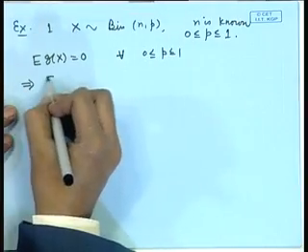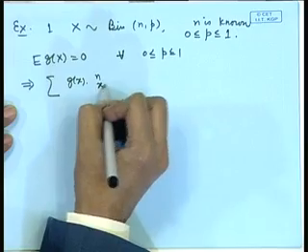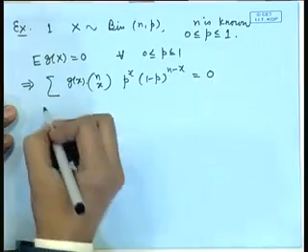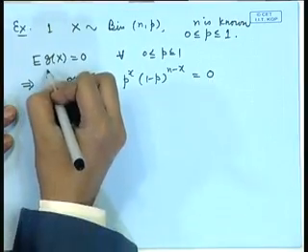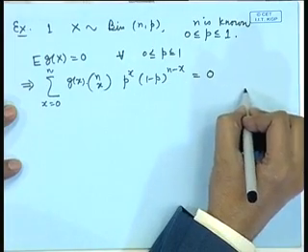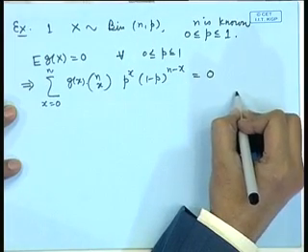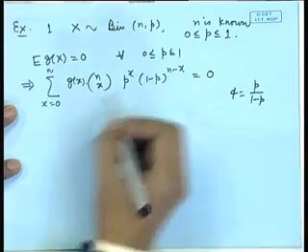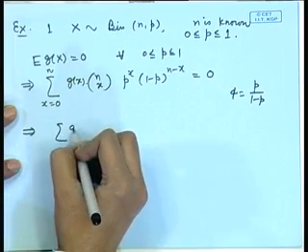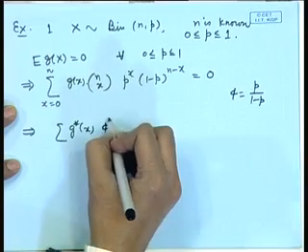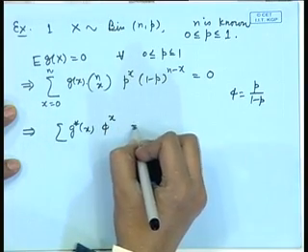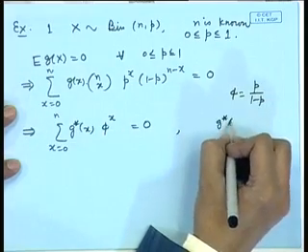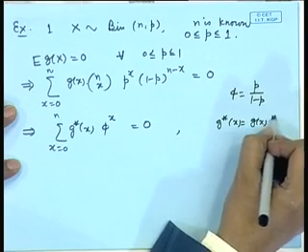Now, this condition is equivalent to sum of g(x) nCx p to the power x (1 minus p) to the power (n minus x) equal to 0, for x equal to 0 to n. We may introduce a term called phi equal to p by (1 minus p). Then I can write this as sigma g star(x) phi to the power x equal to 0, where g star I have written as g(x) into nCx.